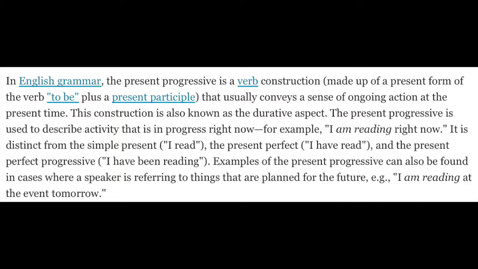Examples of the present progressive can also be found in cases where a speaker is referring to things that are planned for the future, e.g., I am reading at the event tomorrow.